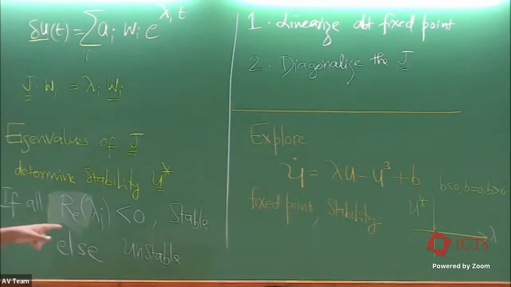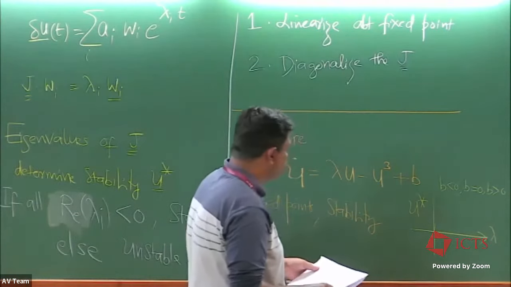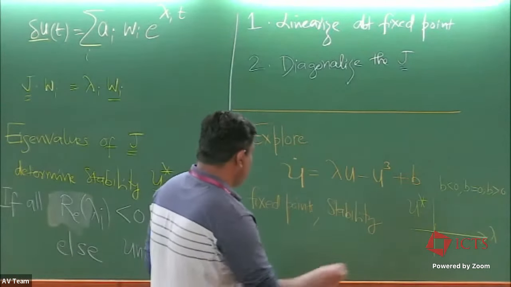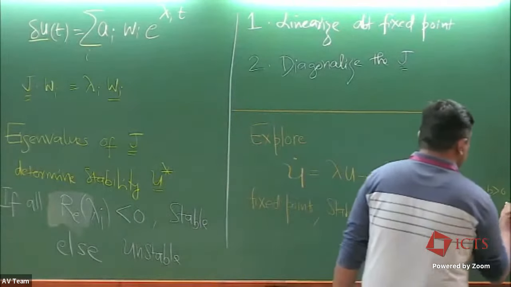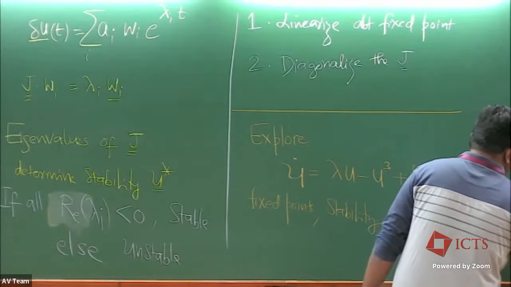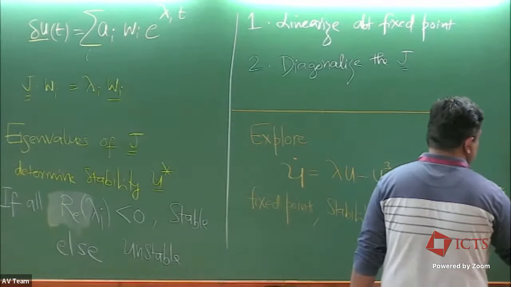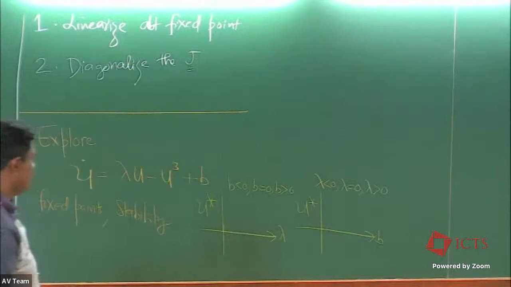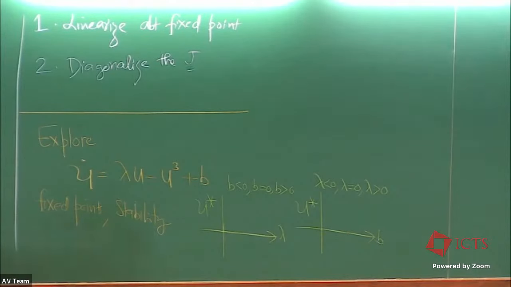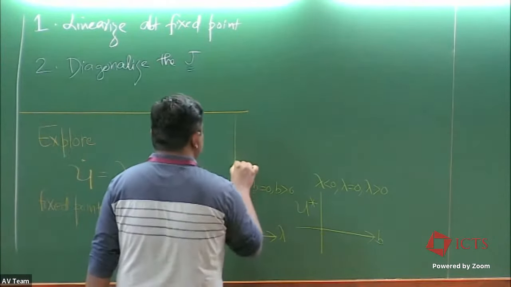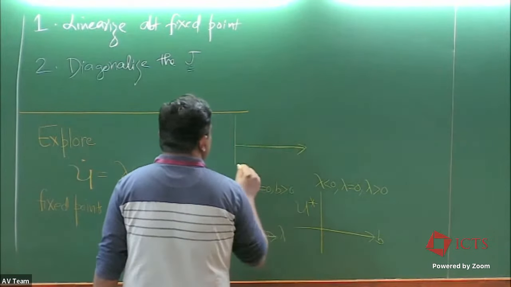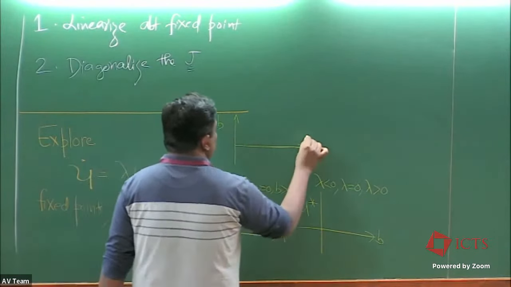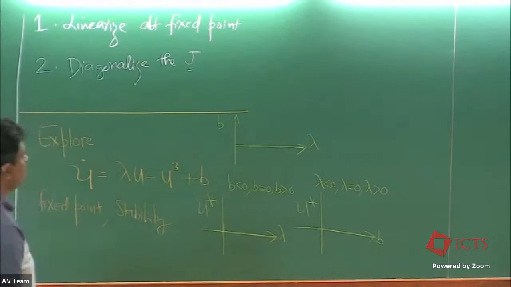I also want you to do a similar phase diagram, bifurcation diagram, but now in the U star, B plane, and again at lambda less than 0, equal to 0, and greater than 0. Work this out and tell me the kind of plots that you get, and maybe after that, plot a phase diagram in the B, lambda plane. Tell me the kind of phases in the sense of the fixed points.